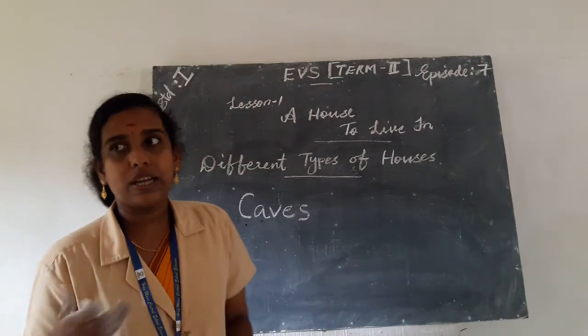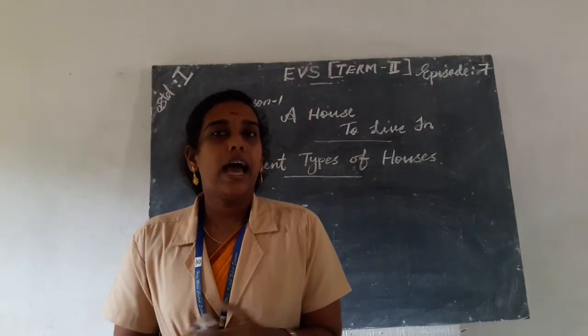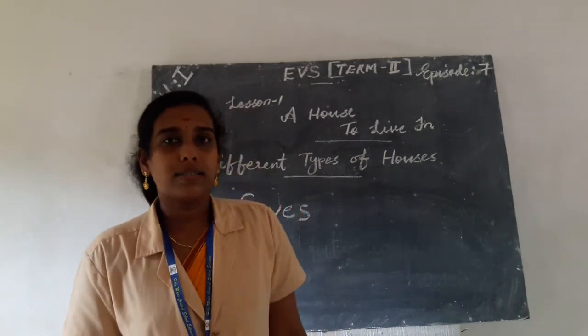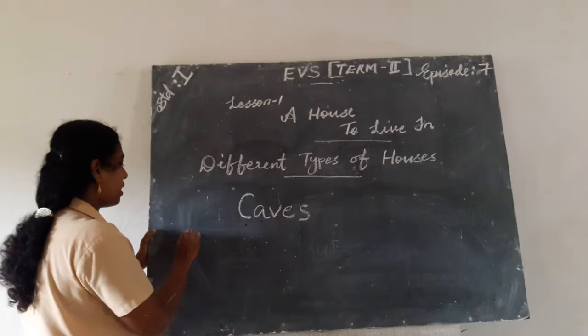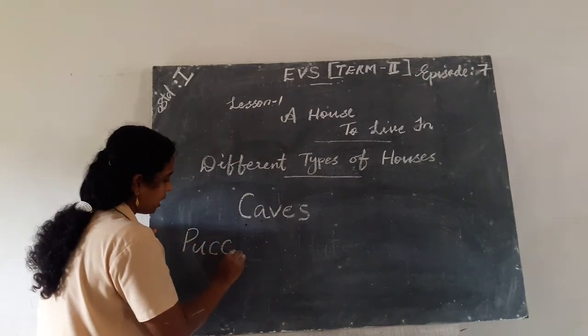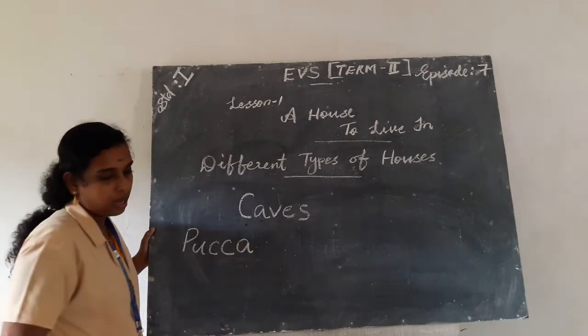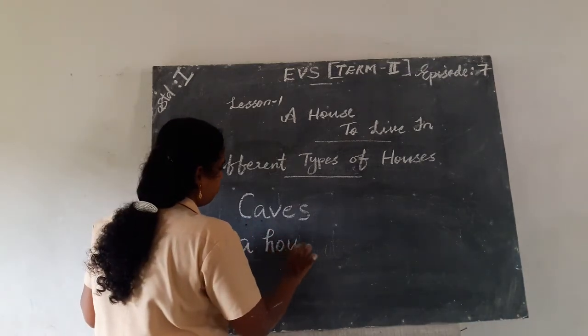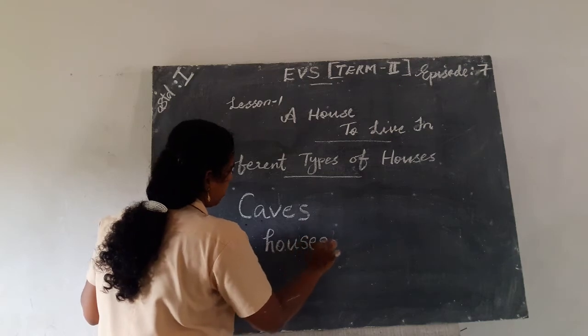And the next one, we studied about different types of houses. Today people live in different types of houses and they are categorized into two types, pakka house and kacha house. Pakka house spelling, P-U-C-C-A. Pakka houses, H-O-U-S-E-S.